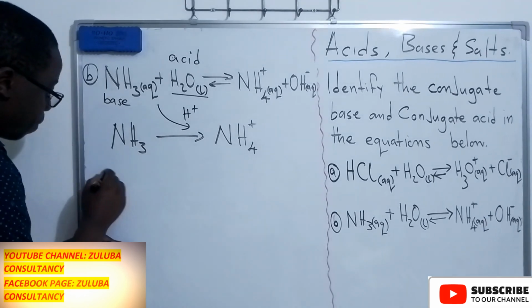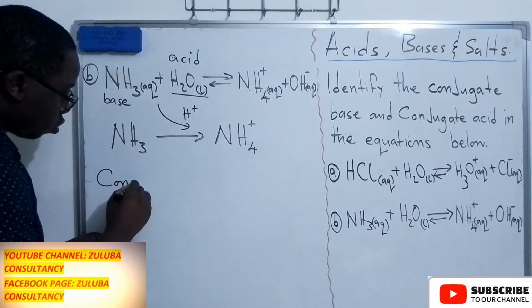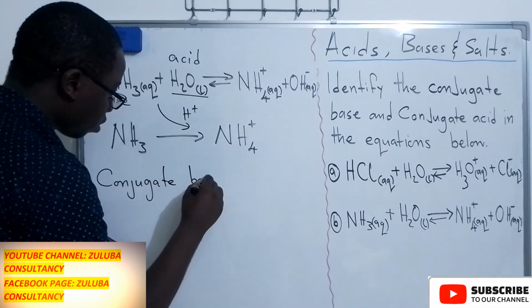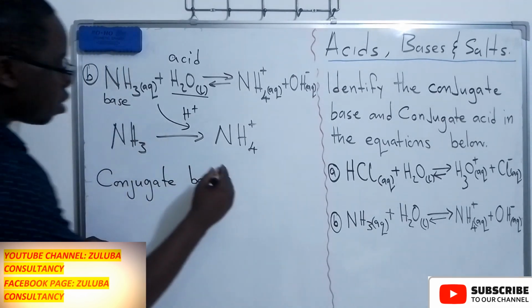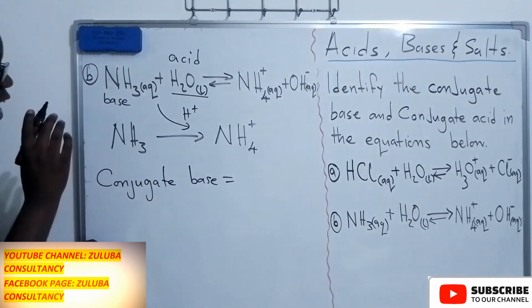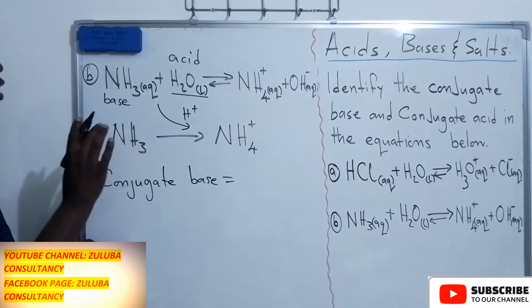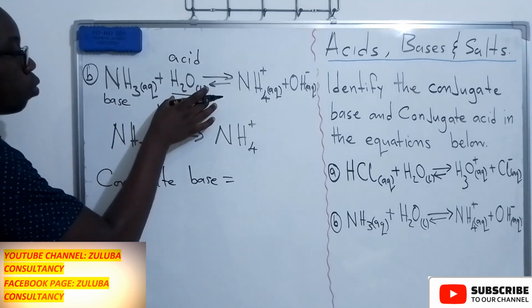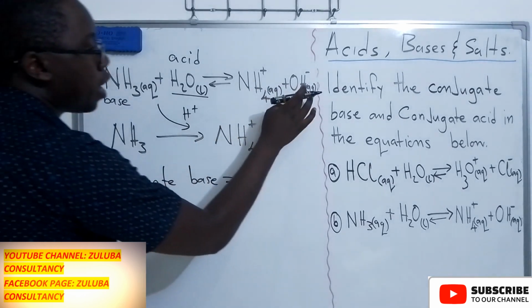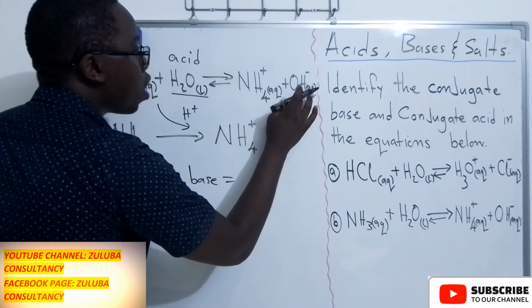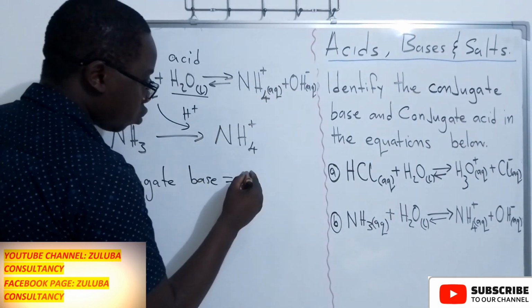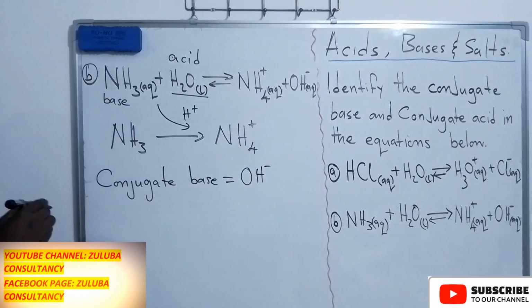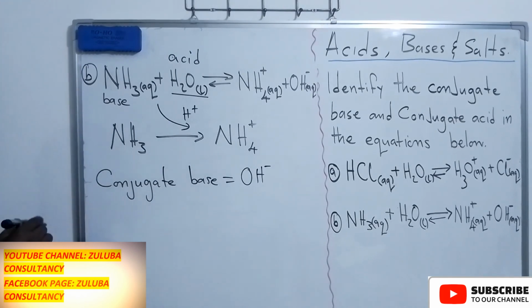For a conjugate base, we said this is what remains after an acid has donated a proton. So what is remaining after water donates a proton is OH negative. So OH negative is the conjugate base.